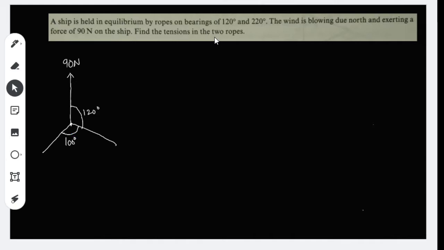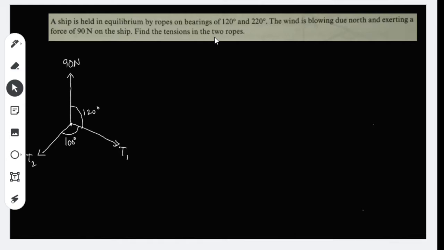Let's name the ropes by tension, because it's asking for the tension. So T sub 1, and this will be your T sub 2. The directions will be going this way and this way. So that will be our diagram.